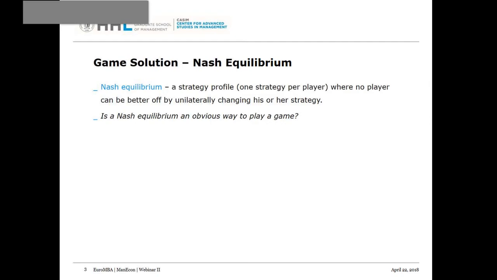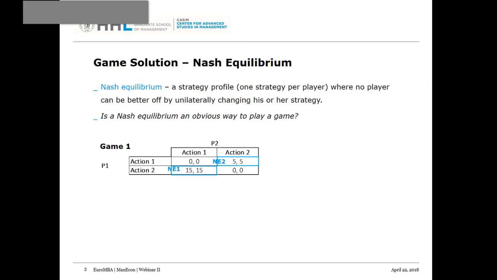However, here, this is sort of a coordination game where we can imagine that because in one of the Nash equilibria they get the highest payoff, the players will coordinate to play the action 2, action 1 Nash equilibrium, and both get 15 units of payoff. So even though there are multiple Nash equilibria, we can find a way to play.